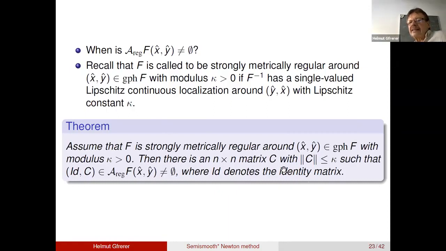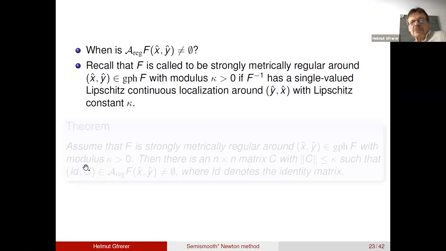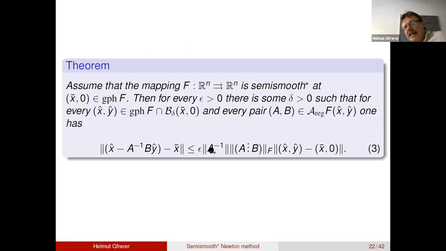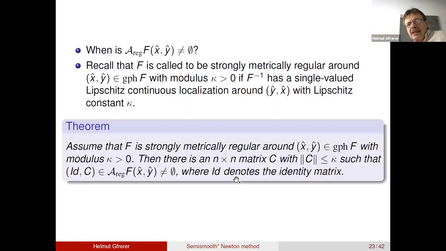Then there exists some matrix C with norm less or equal to kappa, such that the identity matrix and C belong to the set A_reg F. That means that the quantity which we had before, A inverse, is the identity, and this term is also bounded. We have guaranteed this.